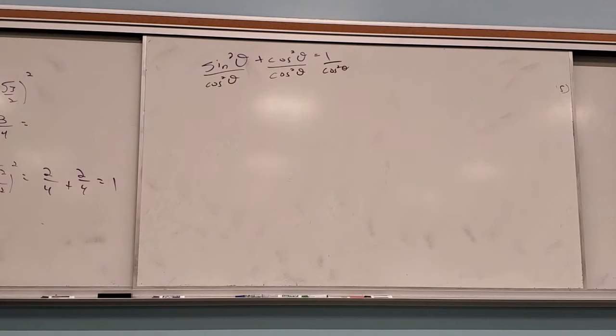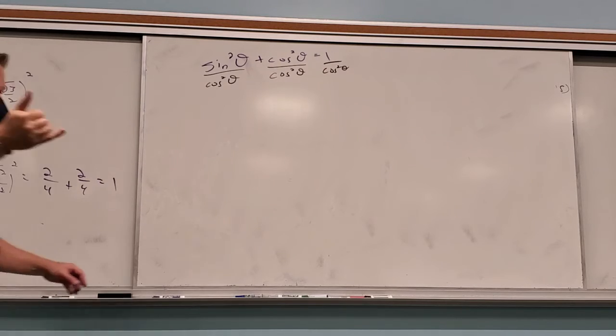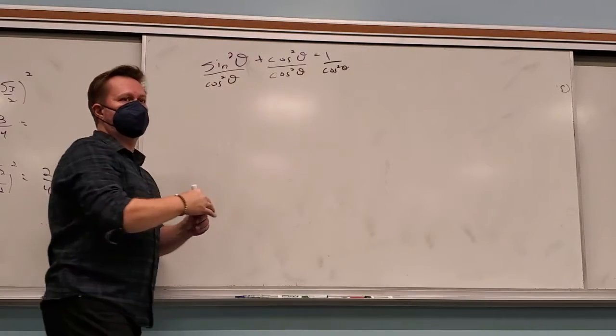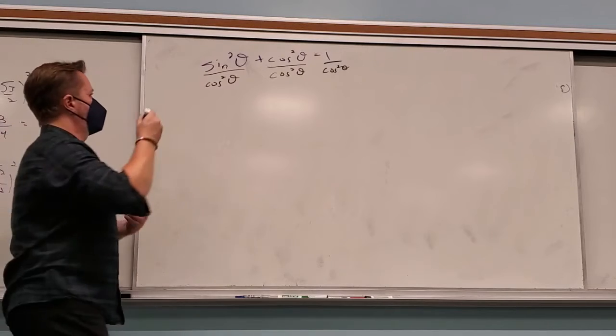What do you get? What's sine squared divided by cosine squared? Tangent squared, right? Sine over cosine is tangent, so sine squared divided by cosine squared is tangent squared.